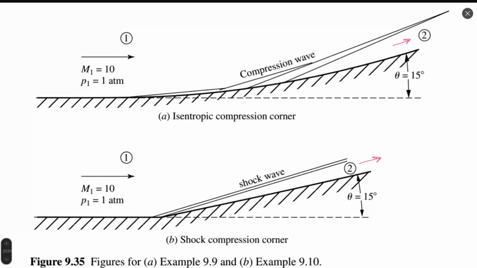We already saw how to calculate oblique shock wave, and today I showed you how to calculate Prandtl-Meyer flow. Here, as a reverse process, we can calculate compression wave. So we have theta 15 degrees. Let's make this calculation first. And Mach 1 is 10, this Mach 1 is biggest.